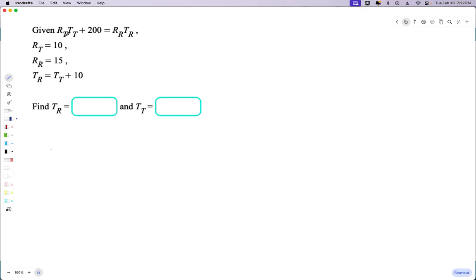So the rate of T times the time of T plus 200 is equal to the rate of R times the time of R. So we're going to write that out. The rate of T times the time of T. Maybe that stands for Tracy, I don't know. Plus 200 is equal to the rate of Rebecca times the time of Rebecca.